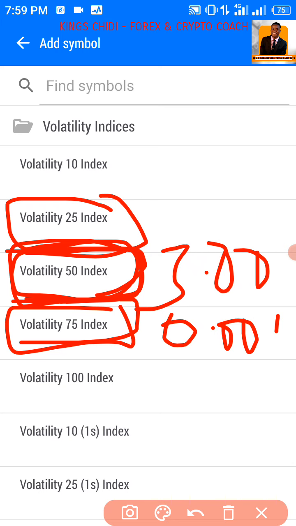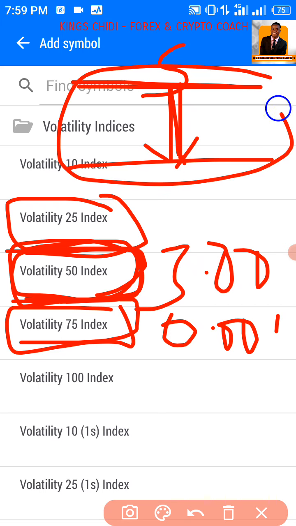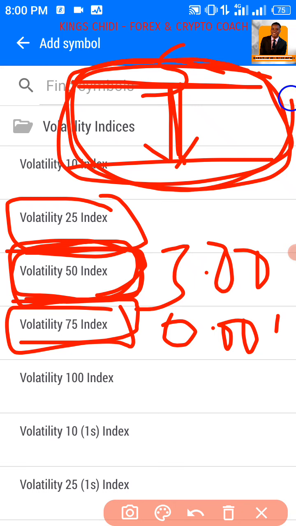Once the price is moving, let's say the price is around this place, you entered a position and made a buy, and price came to this point. You sold from here, price came down to this point. If you made like $2 here for volatility 10, for the same size of movement you'll be making like $3 for volatility 25.